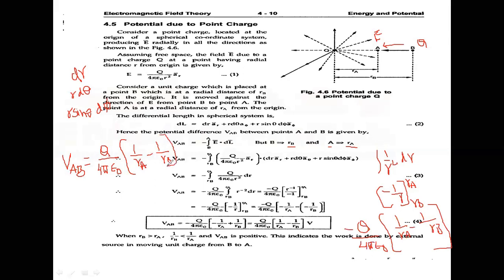This is the potential due to the point charge, Q by 4 pi epsilon naught into 1 by RA minus 1 by RB.